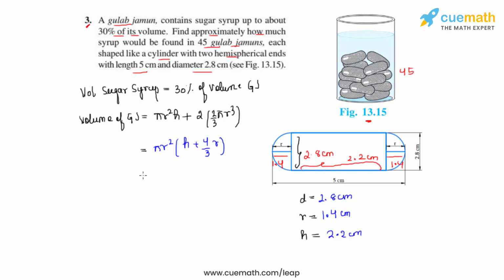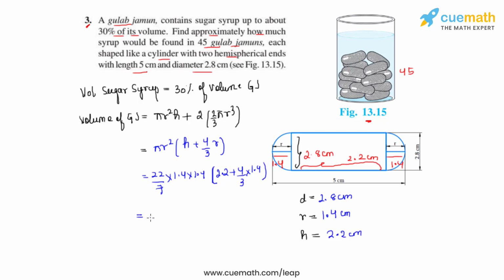Now let's substitute the values. 22 by 7 times 1.4 times 1.4 times h, which we have just calculated as 2.2, plus 4 by 3 times 1.4.